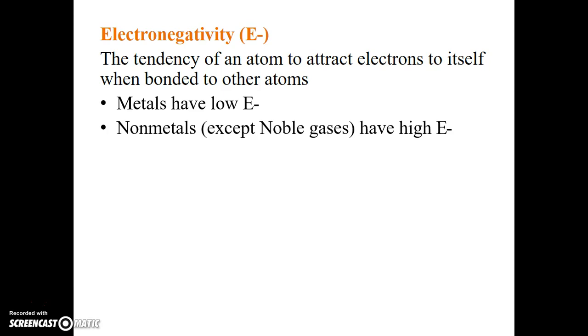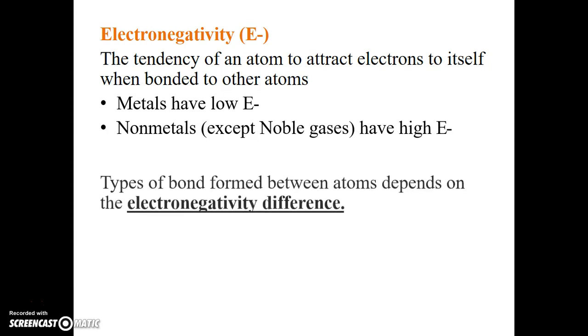And nonmetals, with the exception of the noble gases that again are already stable and don't form compounds, tend to have higher electronegativities. Elements like fluorine, oxygen, nitrogen, and sulfur in particular have high electronegativities and tend to hog electrons when they are bonded to other nonmetals.